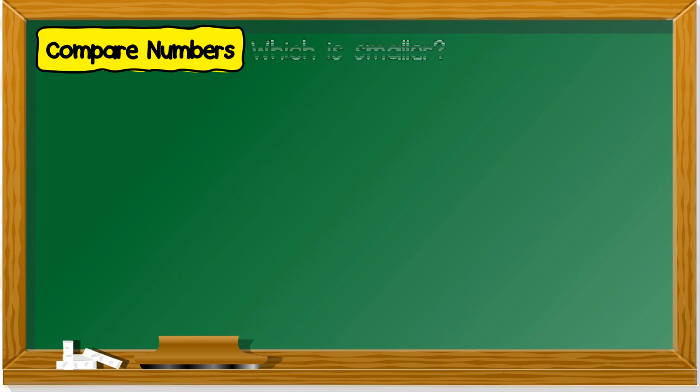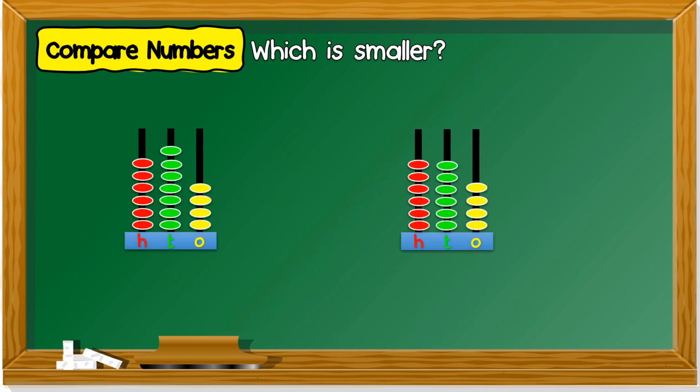Which is smaller? We take a look first. The one on the left. Wow, how many beads of hundreds? Let's count. 1, 2, 3, 4, 5, 6.